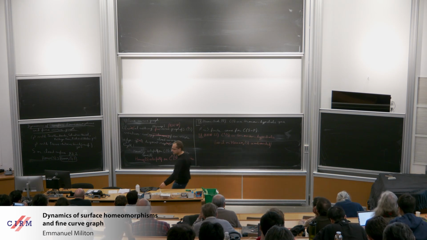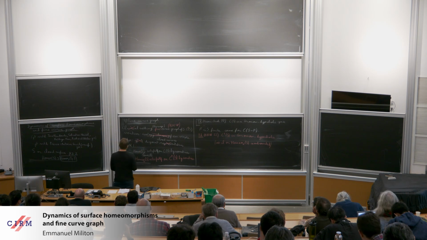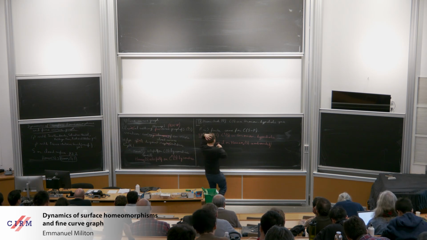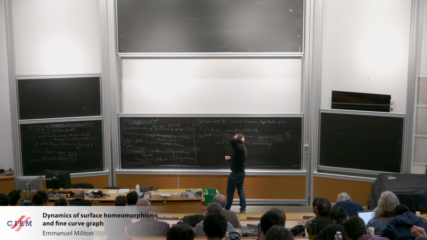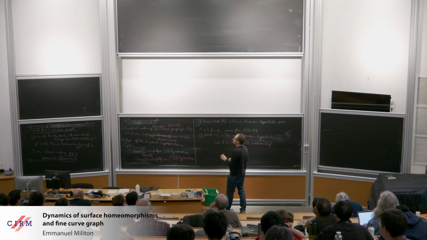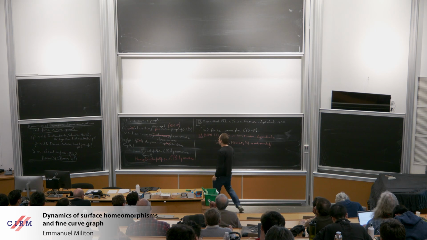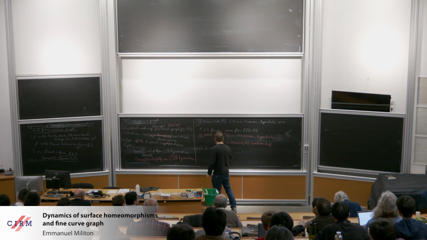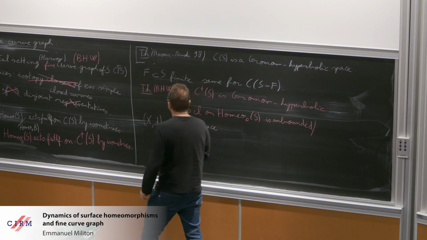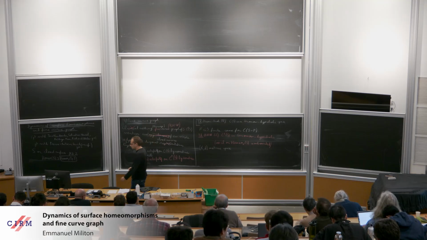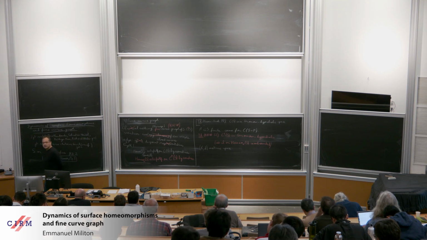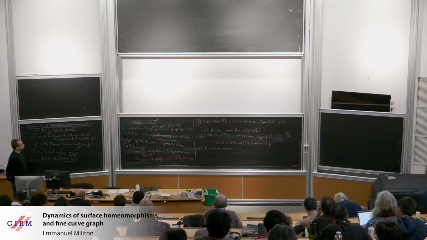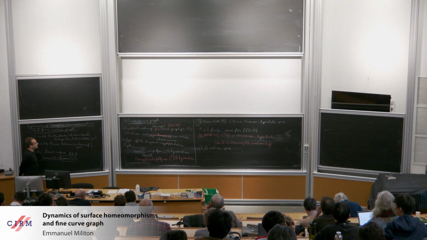Last thing before I move on. I want to say something about isometries of a metric space. So if I have a metric space, the property I will look at is a property to act hyperbolically on this metric space.